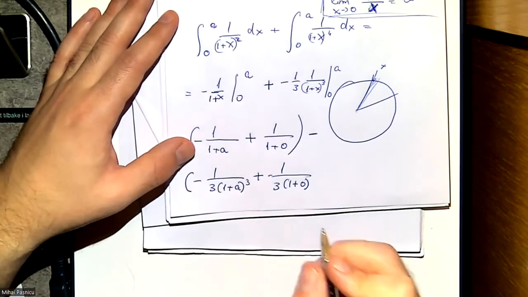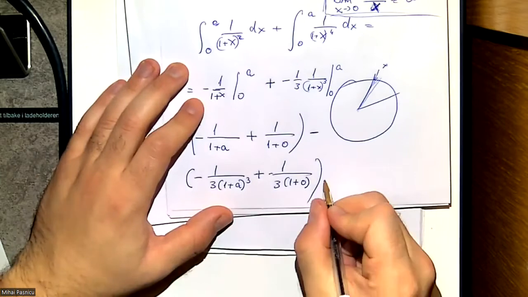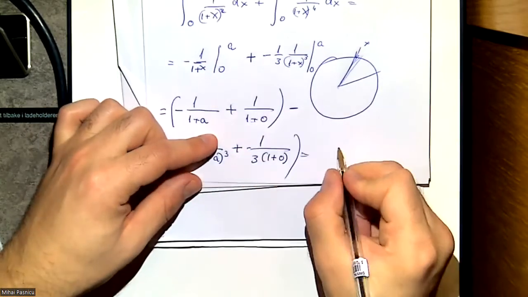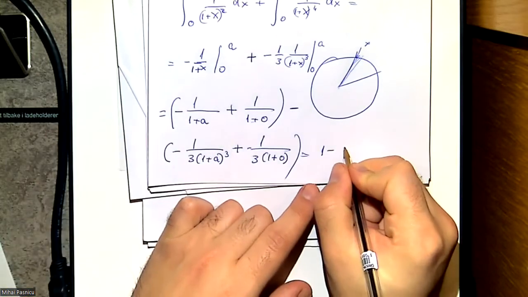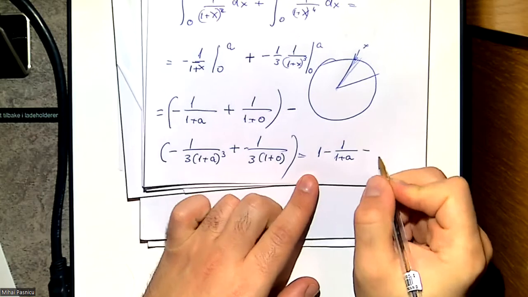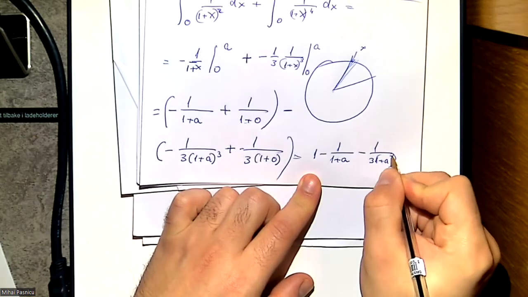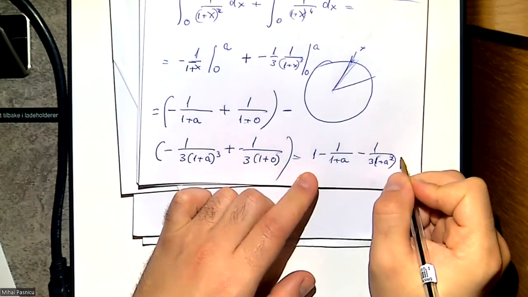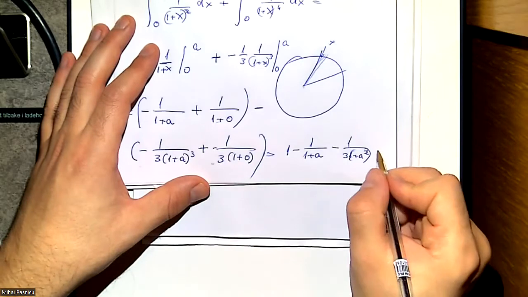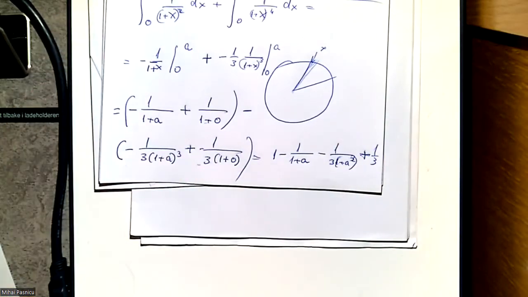Just bring it all together, and I get 1 minus 1 over (1+a), minus 1/3 times 1 over (1+a) to the third, plus 1/3. Okay, so this is my answer.